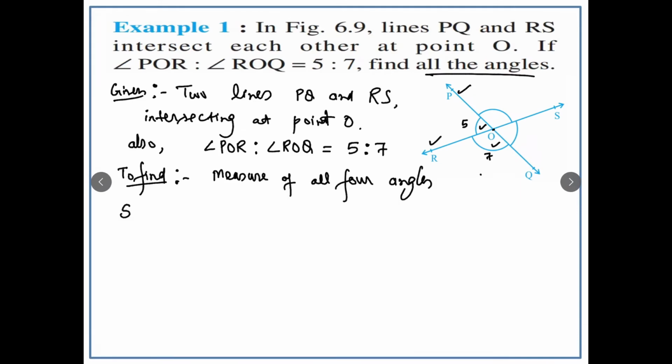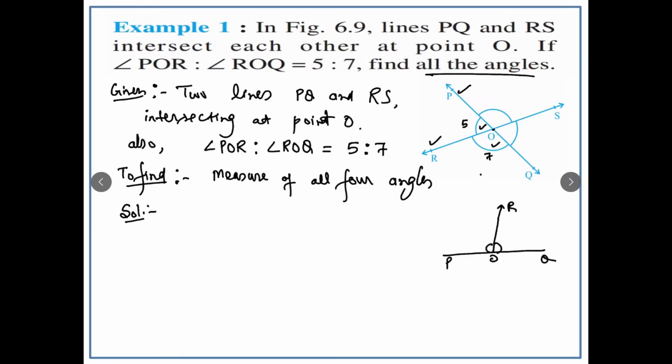Okay, so let's write its solution. Instead of proof we will write the solution here. Again we are going to use axiom 6.1. We have this line PQ on which this ray OR is standing. This is OR and this is PQ.